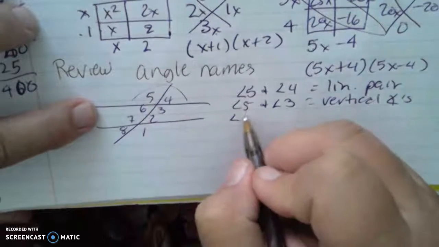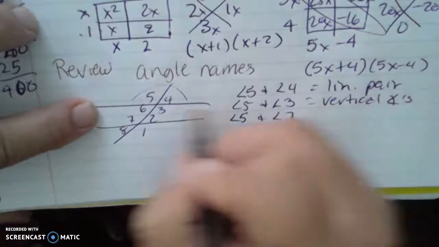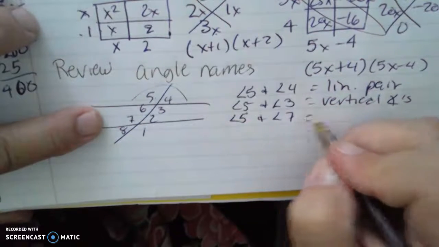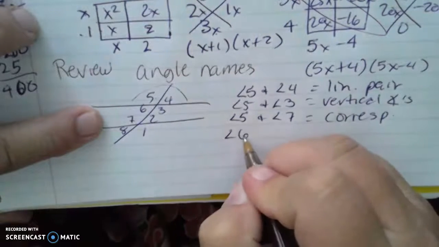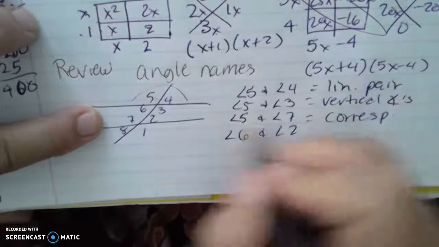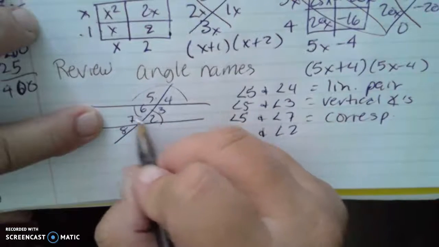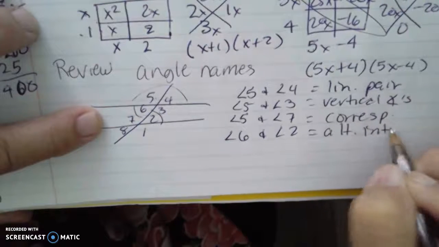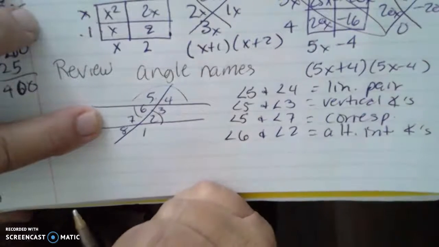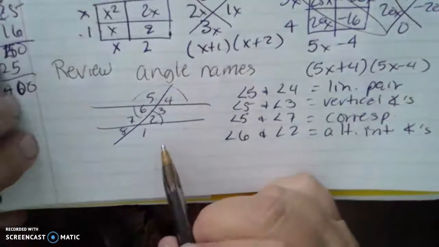Angle 5 and angle 7, they're corresponding. Angle 6 and angle 2, you notice how these two are on the inside and they alternate across, alternate interior angles. And I think that's pretty much what we talked about.